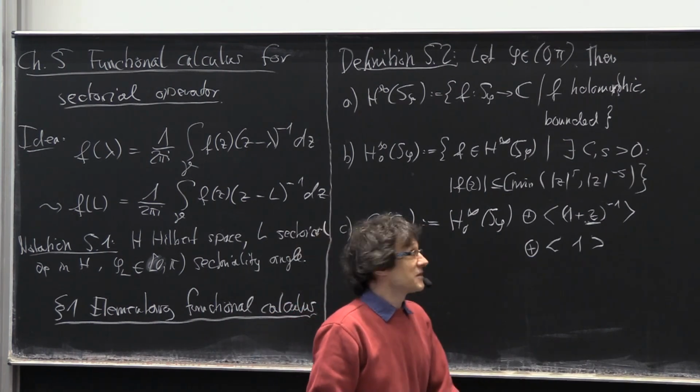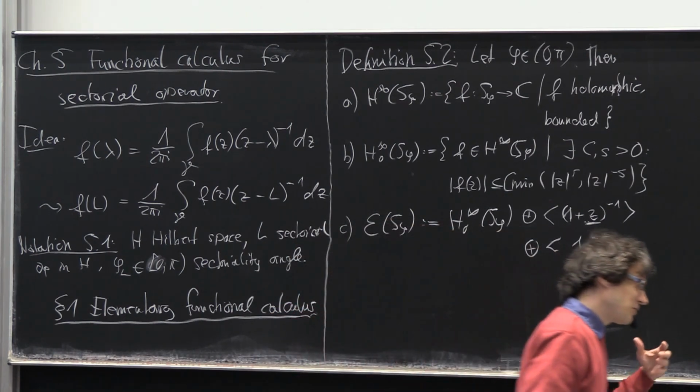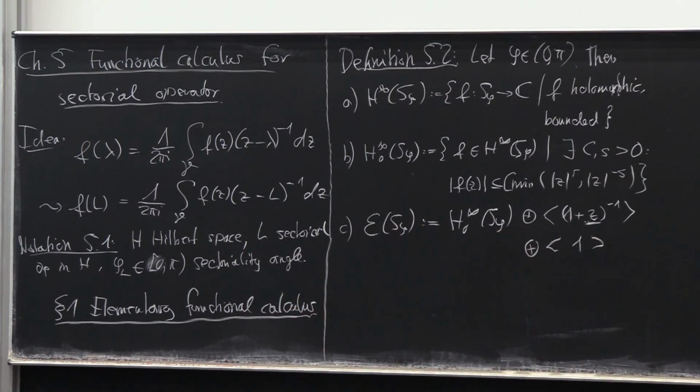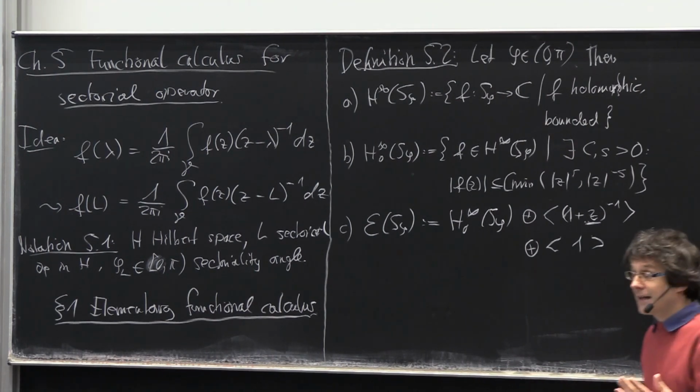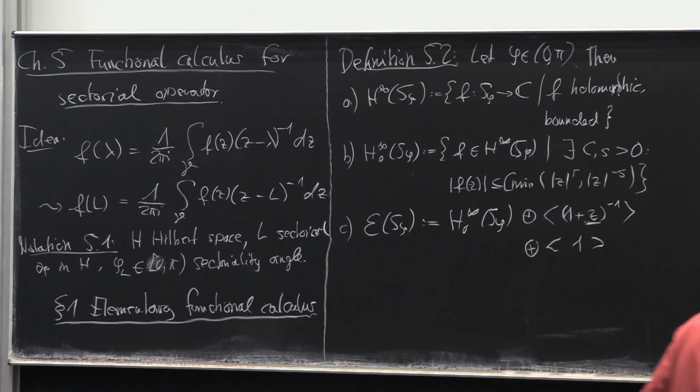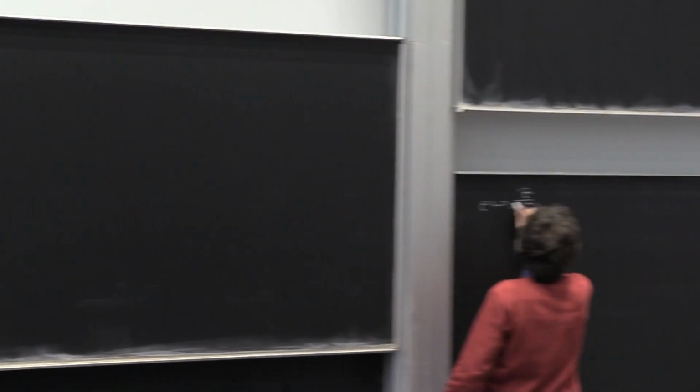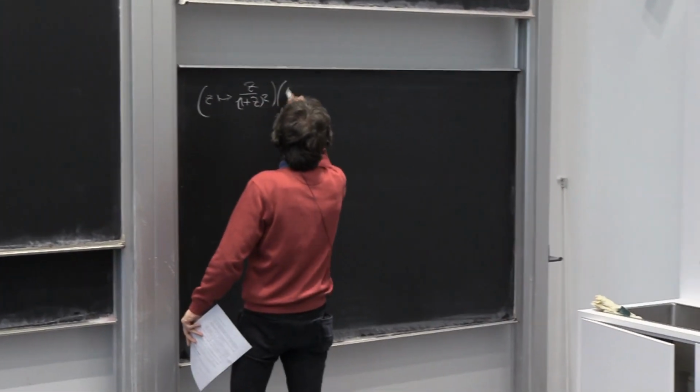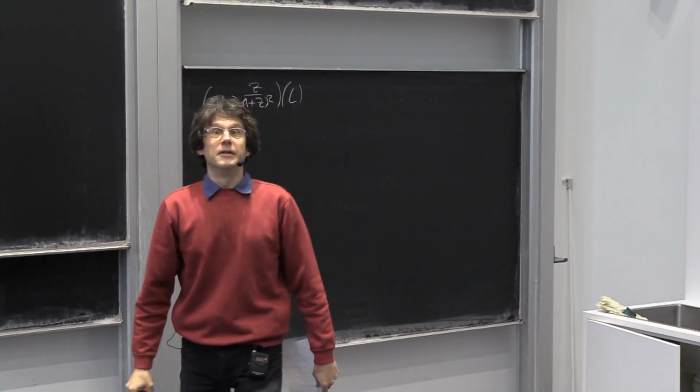Why do I do it? Because I will have lots of concrete functions from C to C in this lecture, where I want to plug in the L, and always writing something like, take the map z going to z over 1 plus z squared and plug in L is too long.